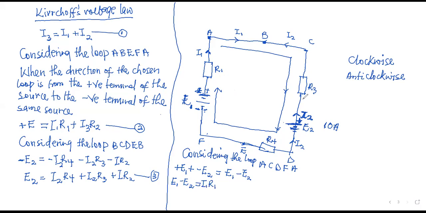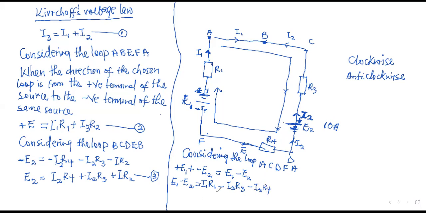The PD across R3, would that be positive or negative? Sir, please negative. So minus I2 R3. The PD across R4, positive or negative? Sir, please negative. Minus I2 R4.